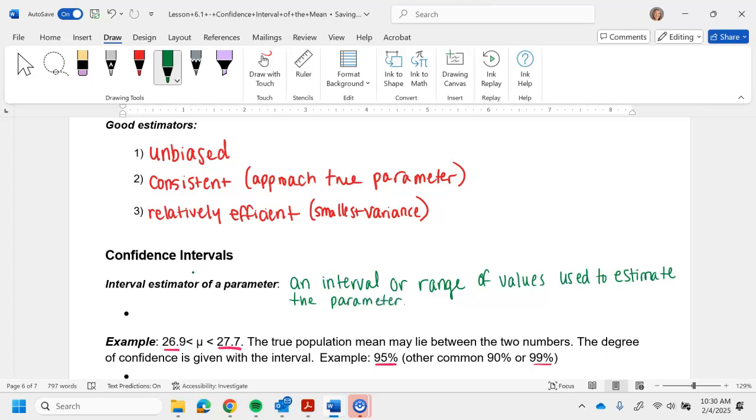So for a lot of these questions, we're going to be looking at what do we think the mean is. So this confidence interval is going to give us a pretty good estimate as to where we feel that mean is, between what two numbers could we expect it to fall.